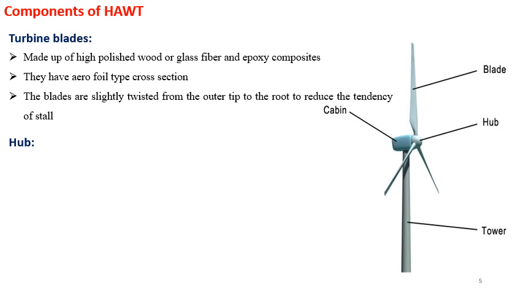So you should know the blade design also. Wind turbine blades have an aerofoil type cross section, as I mentioned earlier, and a fixed or variable pitch. They are slightly twisted from the outer tip to the root, that means where the blade is attached to the hub. Why is it twisted? To reduce the tendency of the rotor to stall.